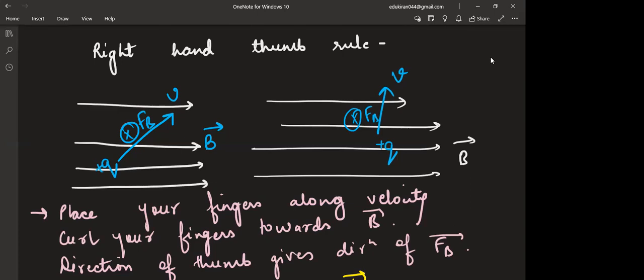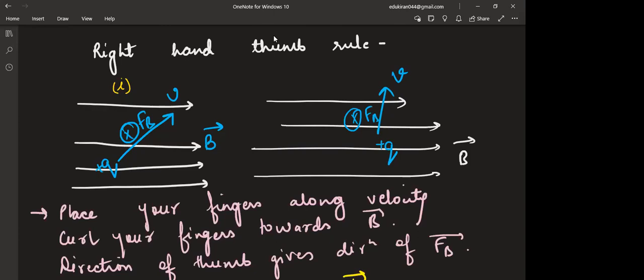For this first example, I keep my fingers in this direction, and I have to keep the palm facing the magnetic field so that I'm able to curl the fingers. When the palm points towards the magnetic field, the fingers curl towards it.